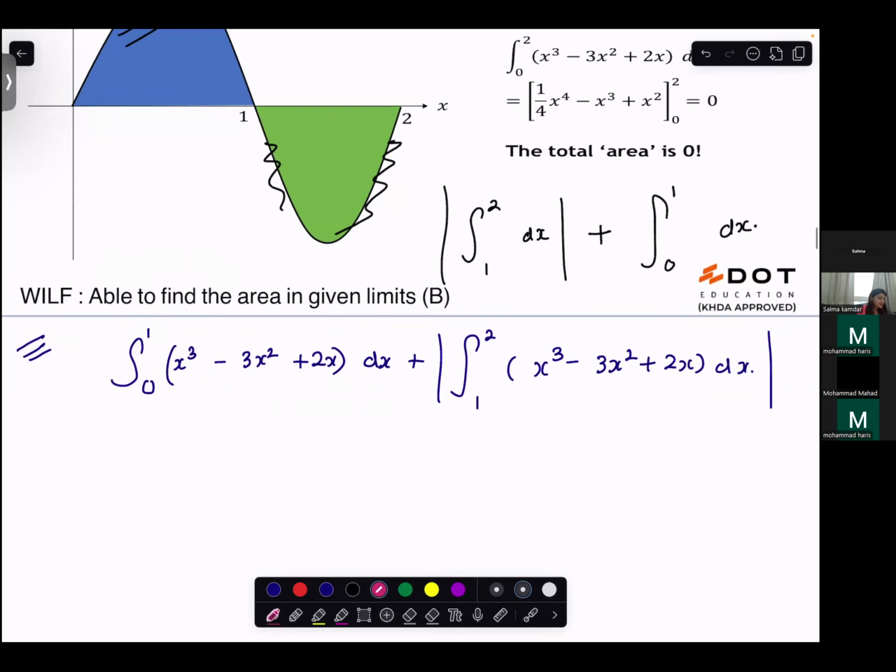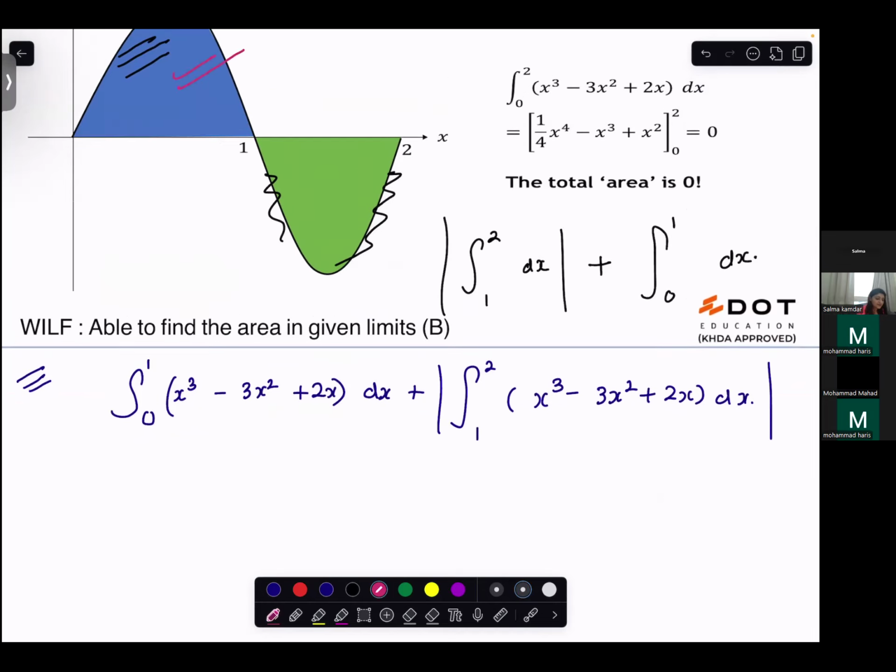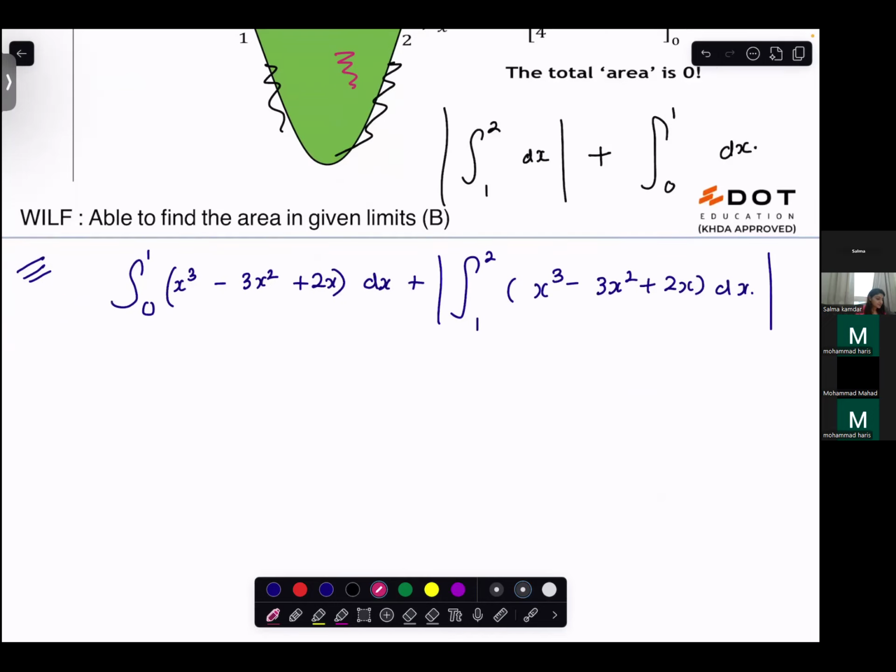This is going to give me a positive area under the curve. But this one is below the x-axis, so that is going to give me the negative area. That is why, since I know area cannot be negative, we are going to take the modulus of it. Now when I integrate the first one, first I need to show what I am doing.